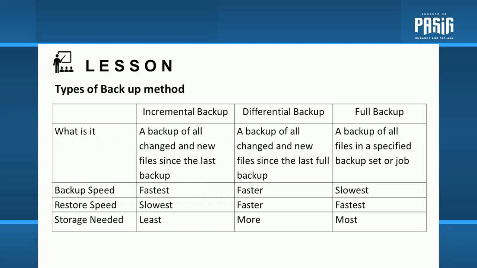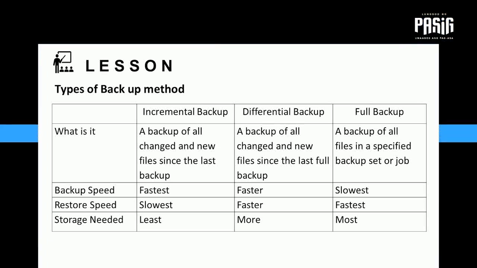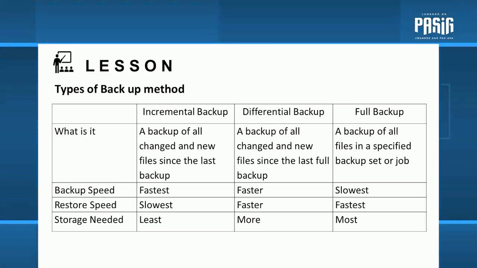We have here the 3 backup methods. One is incremental backup, the other one is differential backup, and the last one is the full backup. What is incremental backup? It is a backup of all changed and new files since the last backup.